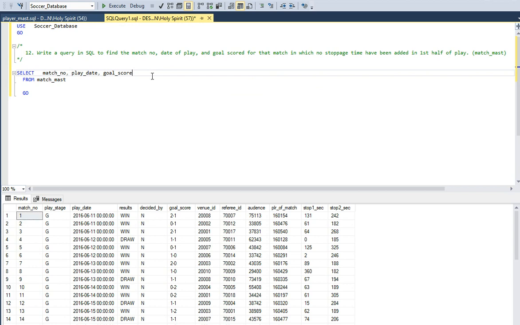Yeah, here we can see match number is not repeated, so we are not going to count them. And goal scorer it's already counted here in this table.